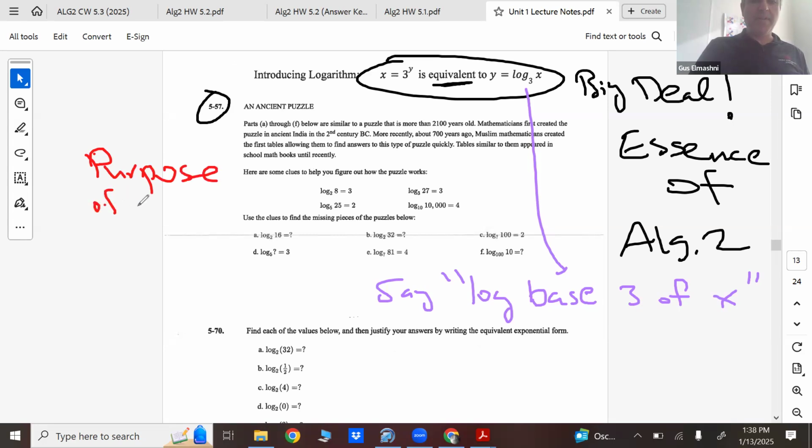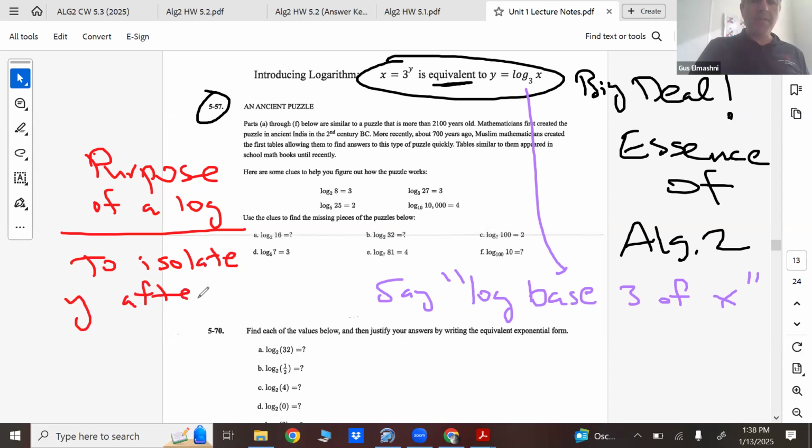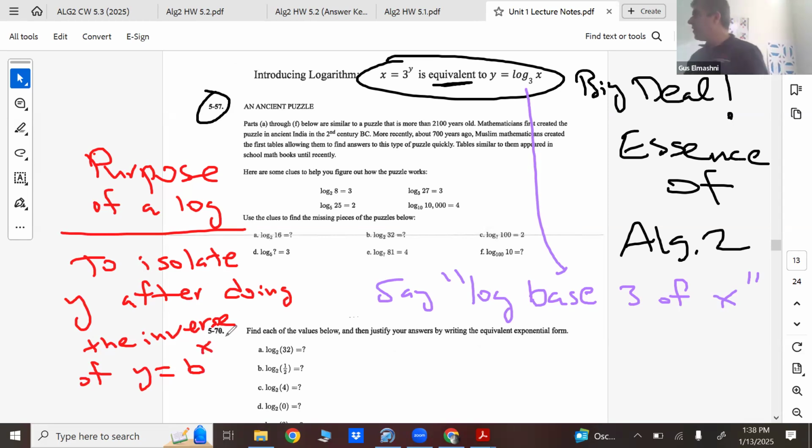The purpose of a log: isolate y after doing the inverse of y equals b to the x. That's the purpose, how to isolate y after you do the inverse.